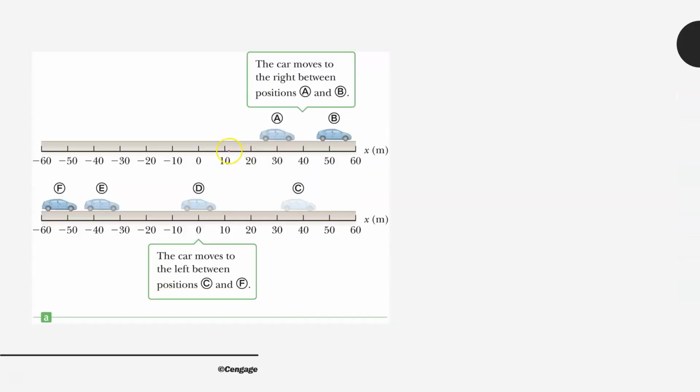Average velocity is a vector quantity which has a magnitude and a direction. Let's look at our figure again. Let the car position be xi, which is the initial position, at some time ti. Let the car position at a later time tf be xf.